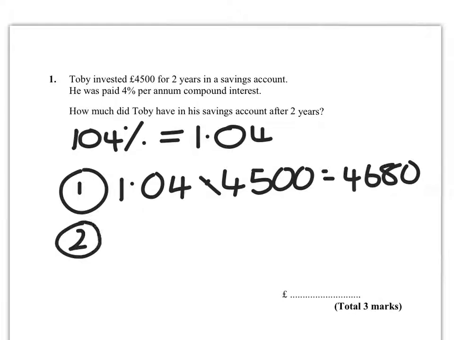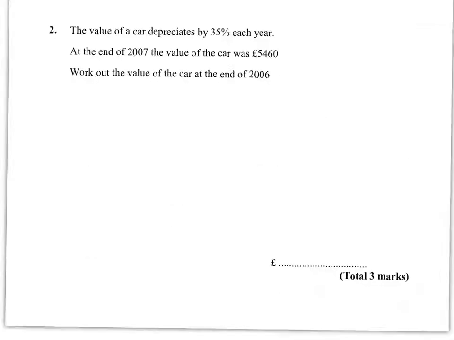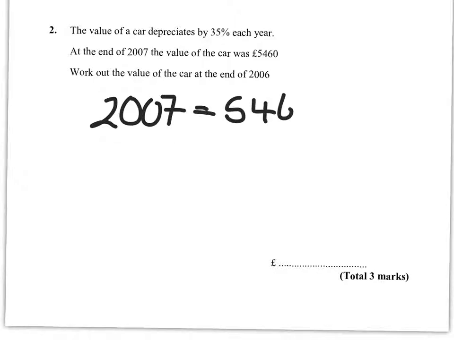Then at the end of year 2, he'll have 4% of the 4,680, which is £4,867.20.